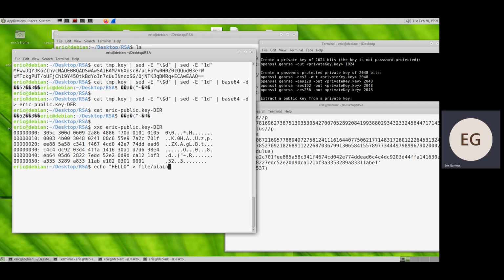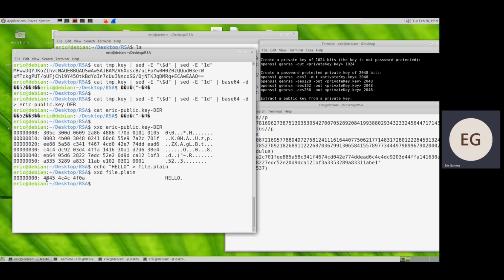What happened here, it will put one more thing inside. It will go to the next line. So it will not have 5 characters, it will have 6 characters. So if I look inside, let me do xxd.